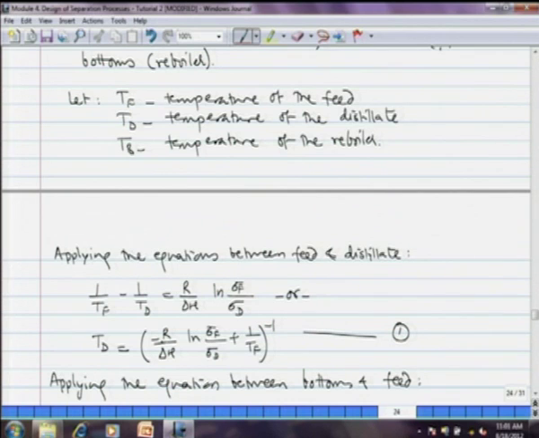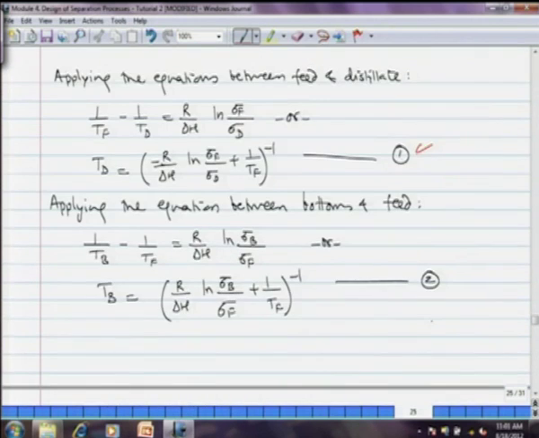Now, if you reorganize this equation in terms of Td, because we are interested in the temperature of the distillate, then you get Td equal to minus R by delta H into ln sigma F by sigma D plus 1 by Tf, all raised to minus 1. So, this is the first expression that we have, the expression for the temperature of the distillate. Now, we apply the same general equation between bottoms and feed.